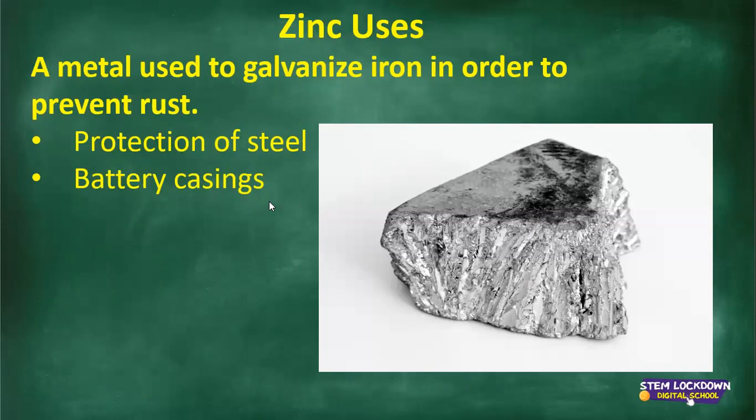So basically, what it means to galvanize means it is used to cover it. So it covers it so that it protects it against rust and corrosion. Okay. So usually zinc is used to protect steel so that it doesn't rust. Okay. And it is also used in battery cases. Okay.